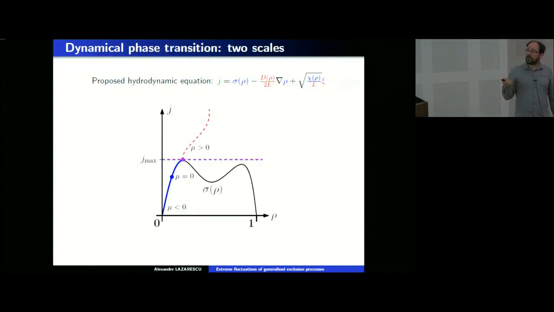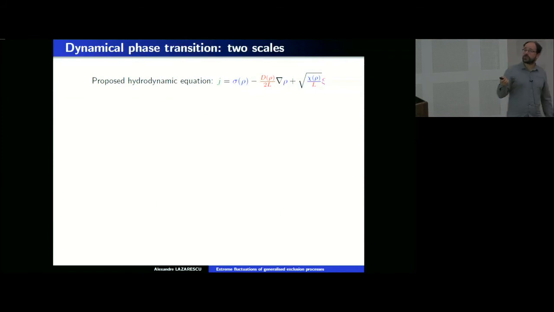Because of the vanishing diffusion, if you're trying to solve only the deterministic part, this equation will most of the time just be J equals sigma of rho, because this vanishing viscosity part can only produce localized shocks or boundary layers.